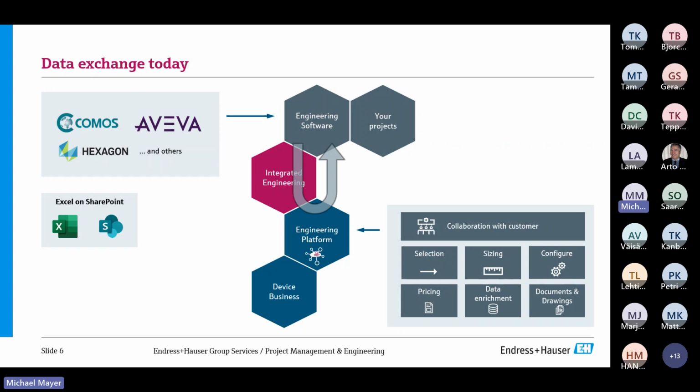So we're always interested in how much throughput you expect, what line size is expected to be used, and so on. Also a configuration like, let's say, communication protocols, we'll use HART, Profibus, Foundation Fieldbus, and so on. This platform is also used to do the pricing and really interesting data enrichment.